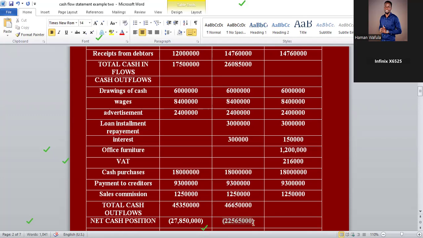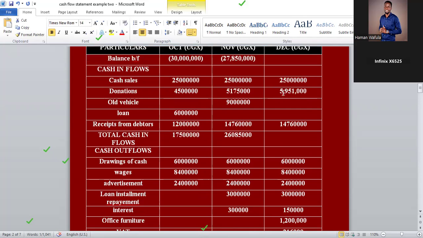So then we bring this as our opening balance. Here our balance goes forward.